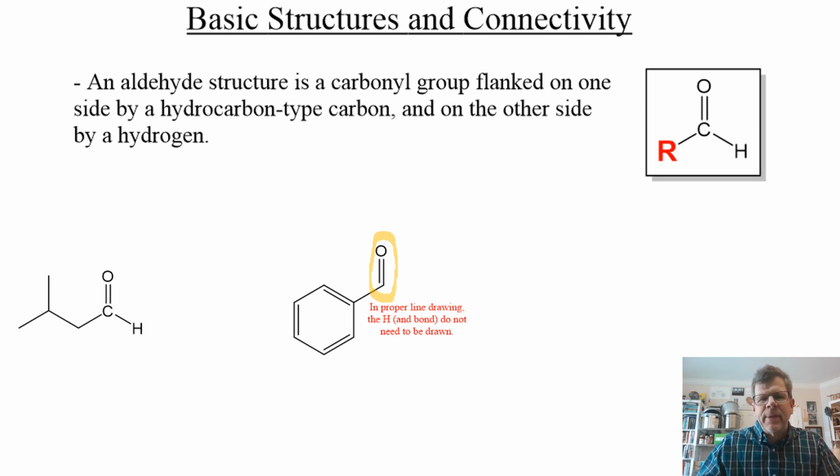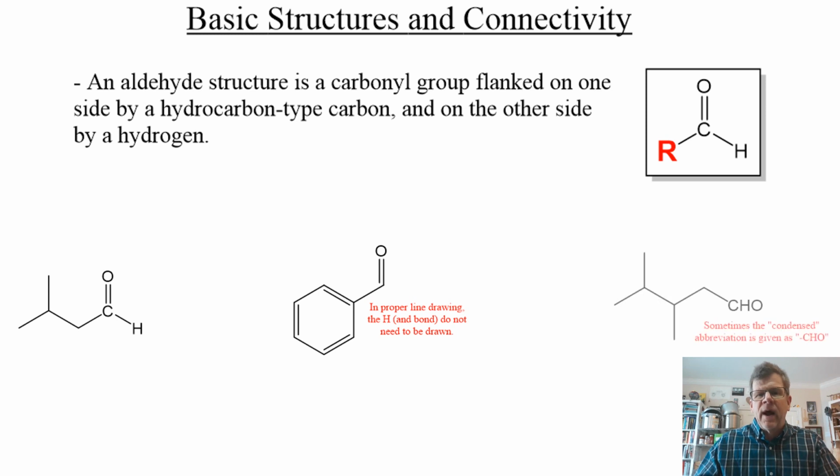It's lopsided because there is actually a hydrogen emanating from that carbon on the bottom there. It's just not shown, as we know, in line structure. So in proper line drawing, that hydrogen and bond and the carbon do not need to be drawn, but that's still a representation of an aldehyde.